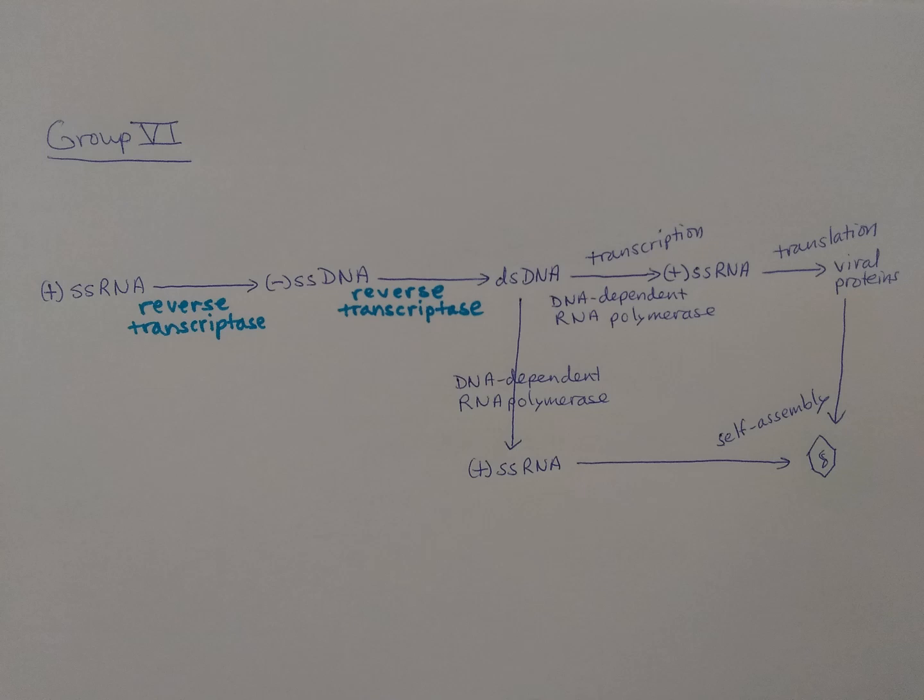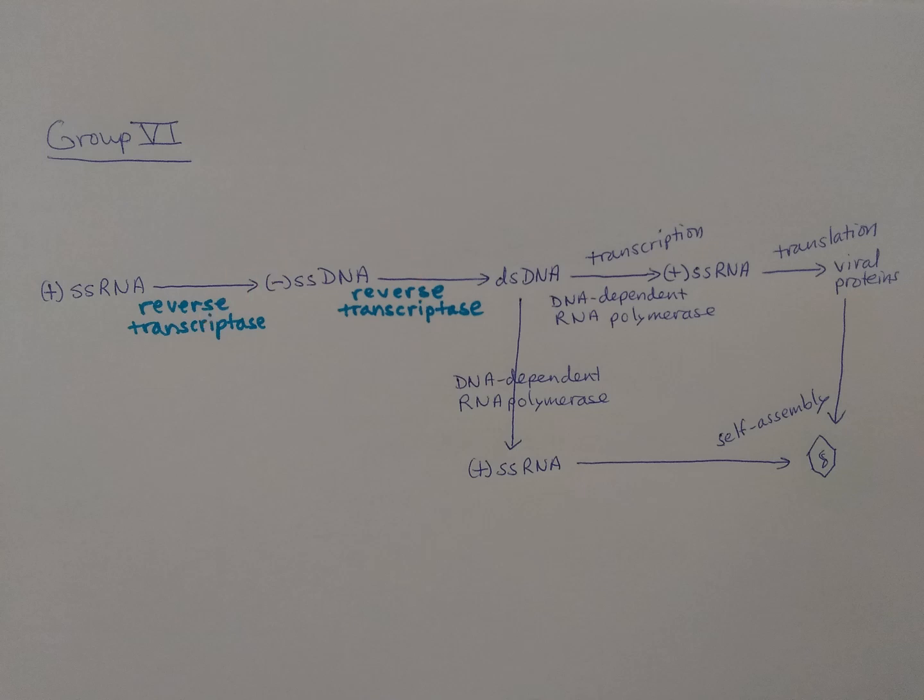There are two steps. The plus single-stranded RNA will be used to make a complementary minus single-stranded DNA, and then the minus strand will be used to make a plus strand to go with it, and we end up with the double-stranded DNA. Both of these steps are done by the enzyme reverse transcriptase.